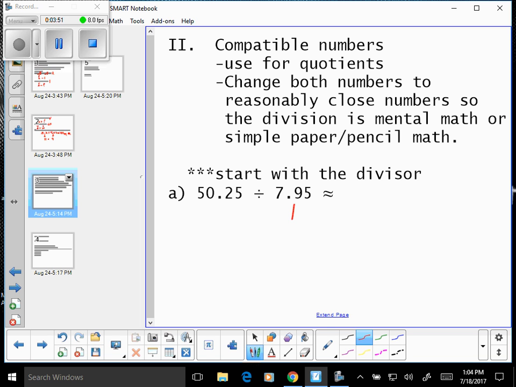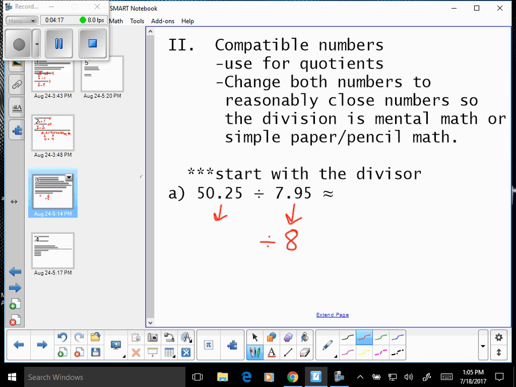We're going to start with my 7.95. And again, just like with rounding, we're going to round to the nearest whole number here. So that's going to be an 8. Now, we need to change this 50.25 to a multiple of 8 that is going to be very quickly and easily divided by that 8.